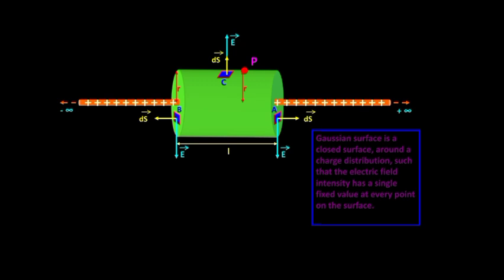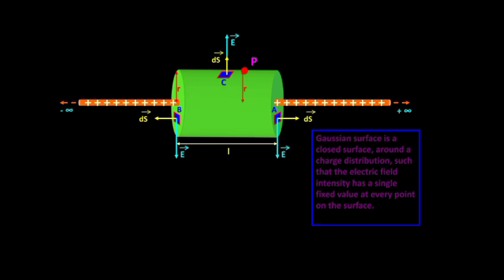Okay, so we have 3 surfaces A, B and C. In case of A and B, the angle between area and electric field is 90 degrees, but in case of C, the angle between area and electric field is 0 degrees. And flux is the dot product of E and A.